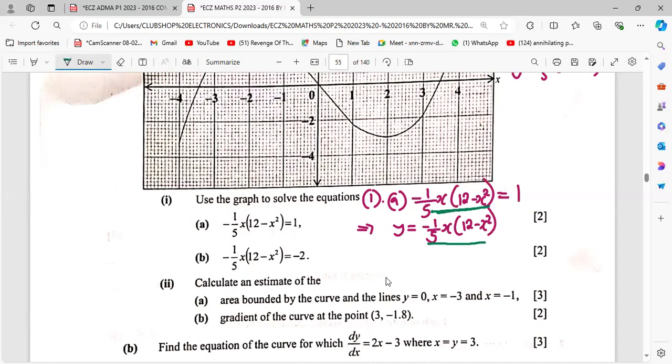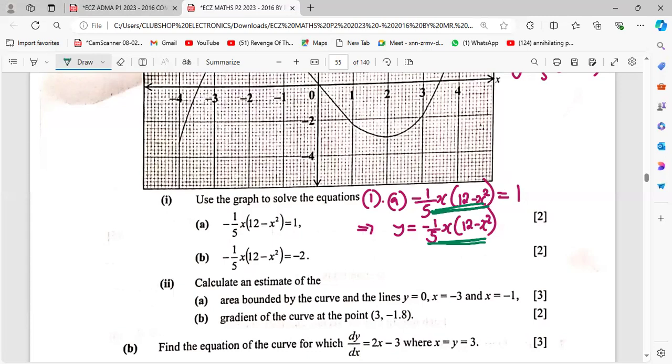Is there any difference that we are able to see? They are the same, isn't it?